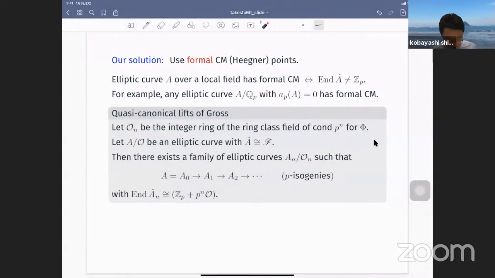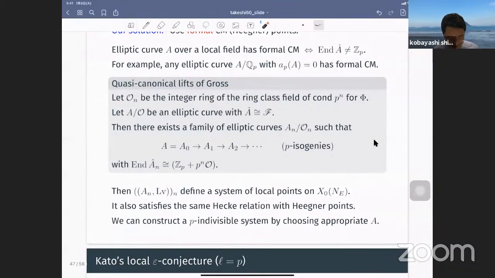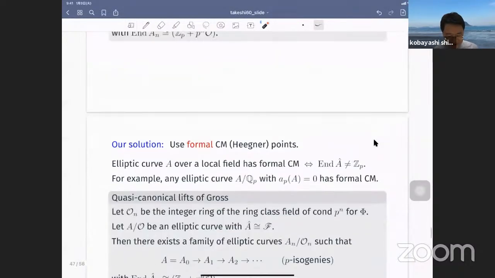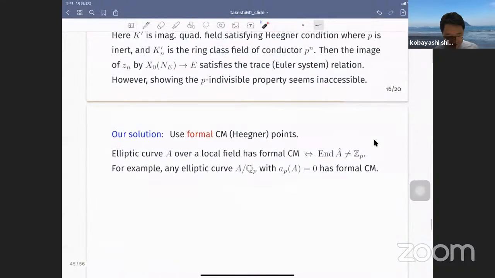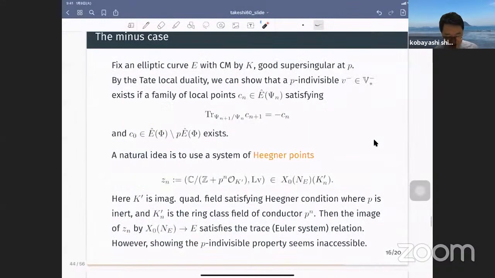So now we consider points corresponding to formal CM elliptic curves in the global modular curve, and then this system satisfies this norm relation by looking at the Hecke operator.